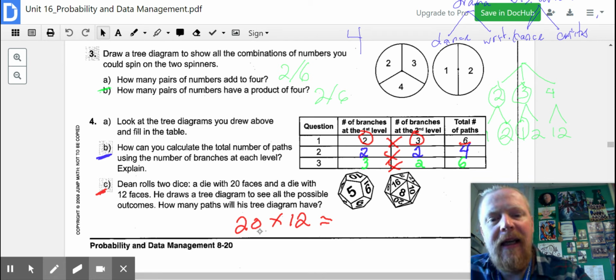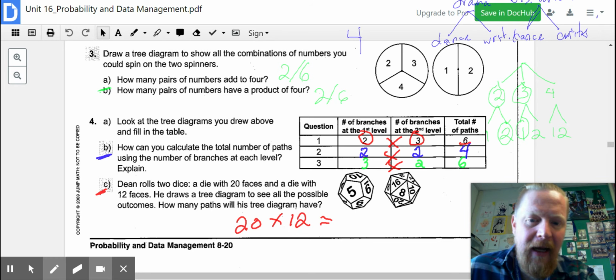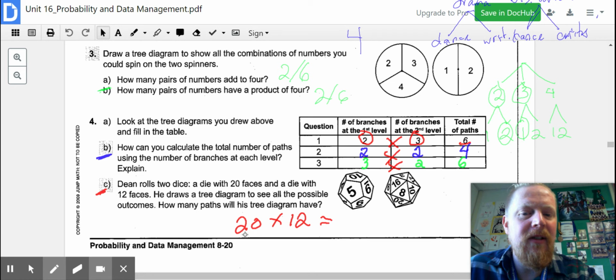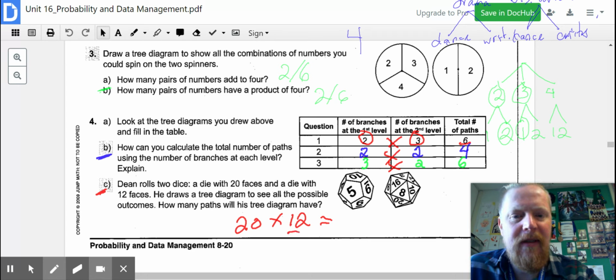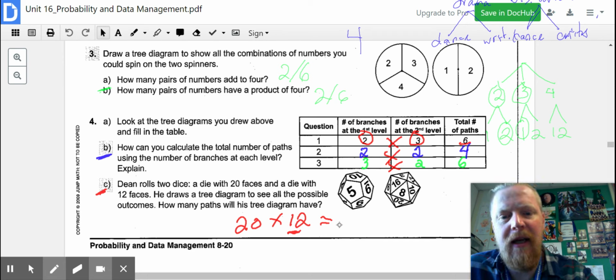So we can see then that it's 20 times 12. I can do this with mental math. I'm just going to visualize that 20 is actually 2 times 10. It's easier for me to do 10 times 12, which is 120.